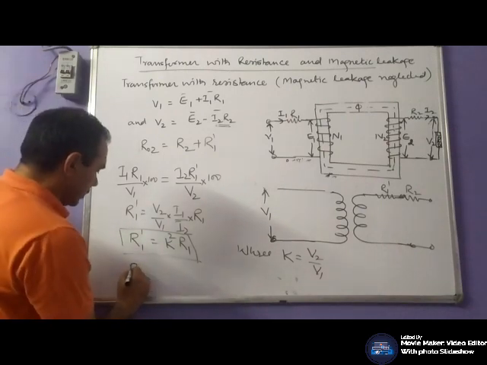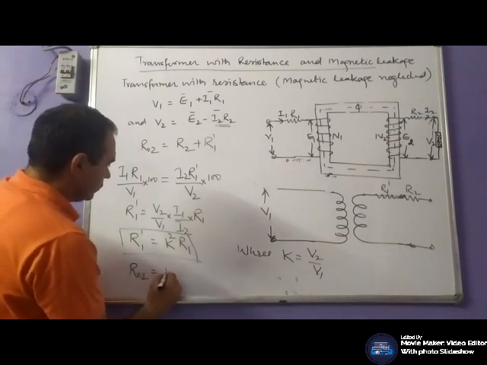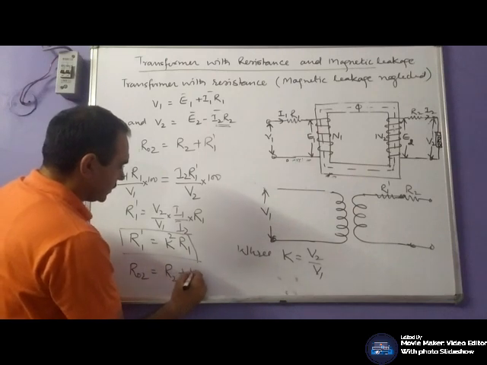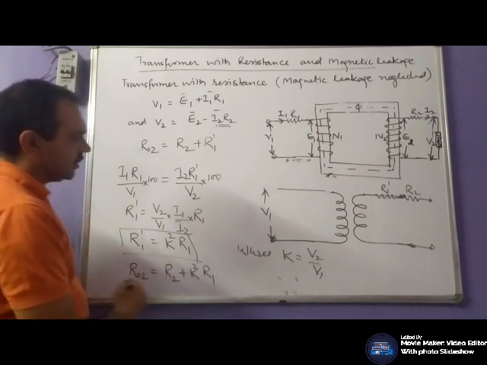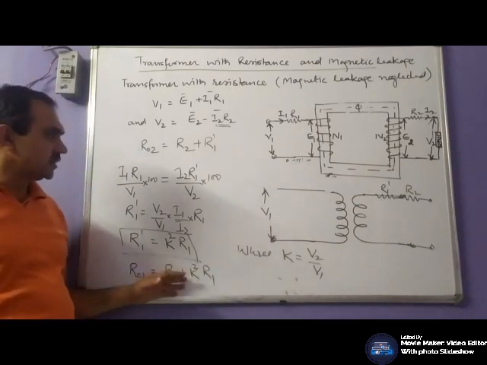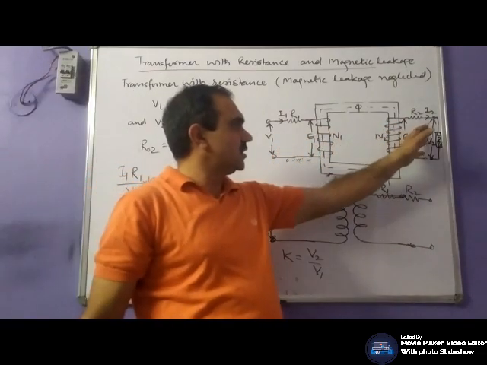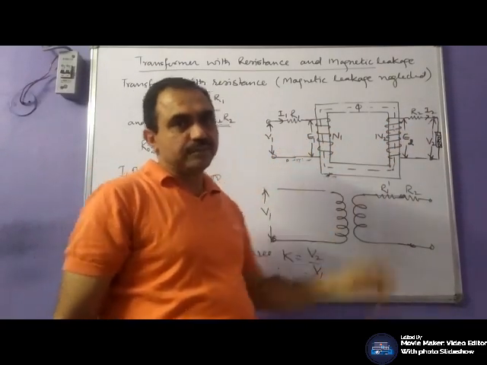Or R02 would be equal to R2 plus K square R1. So we can transfer our parameters, which is resistance, on either of the sides.